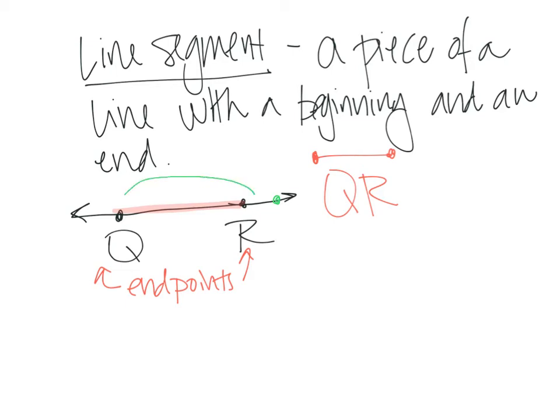So only this piece right here in the middle would be line segment QR. One last thing is that you could also reverse these letters and it would still be correct. So you could also call it RQ. And again, you've got those points on the end. They're designating it as a line segment.